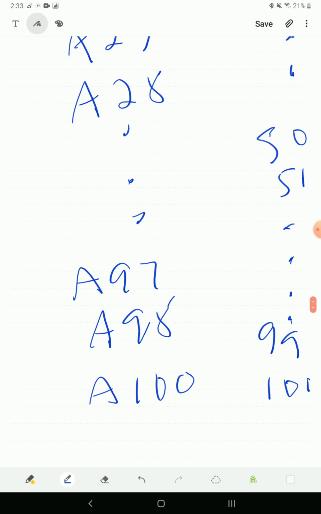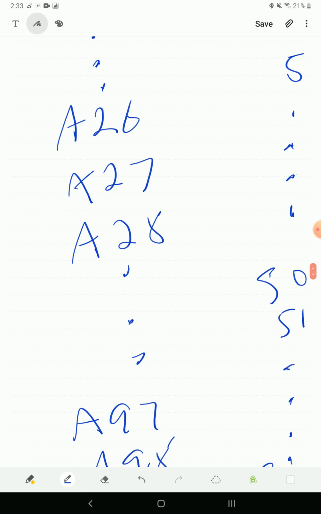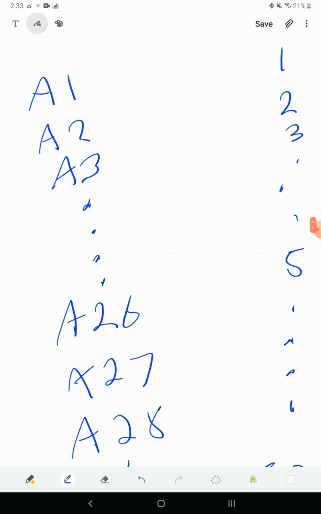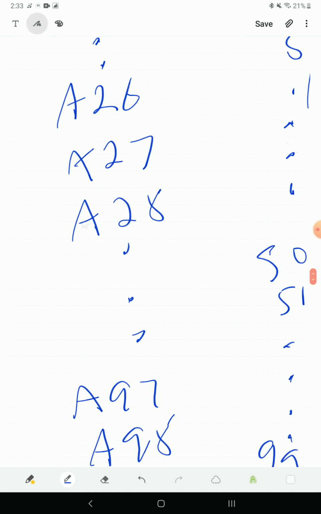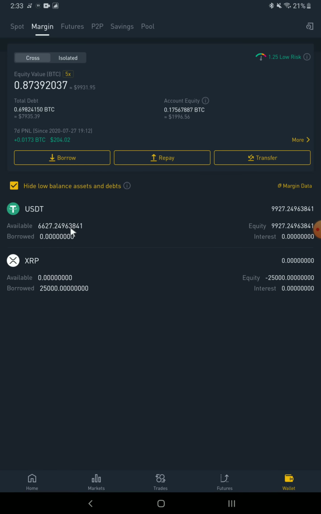So the left side here refers to people. You could be A1. I could be A27. And on the right-hand side, we're going to call it processes, like a queue. So now we're going to think of the market. We're going to look at the order book, and I'm going to explain how flash crashes work from that perspective.